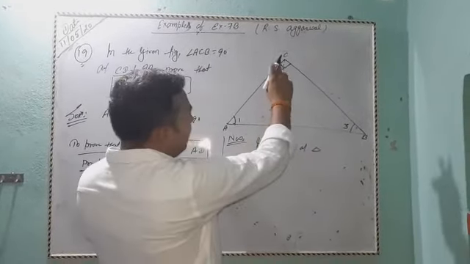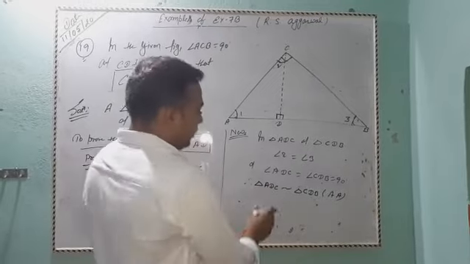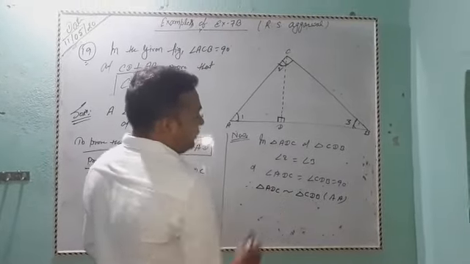Then we say that triangle ADC is similar to triangle CDB by angle similarity.